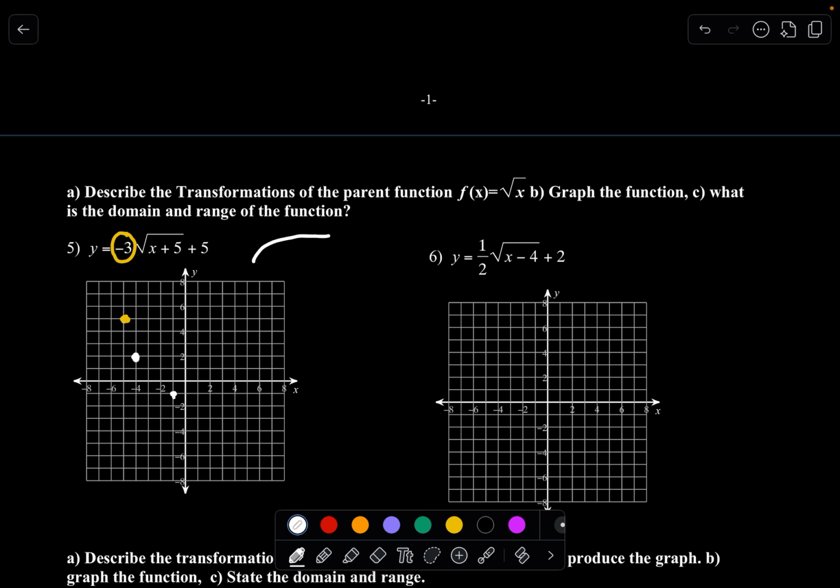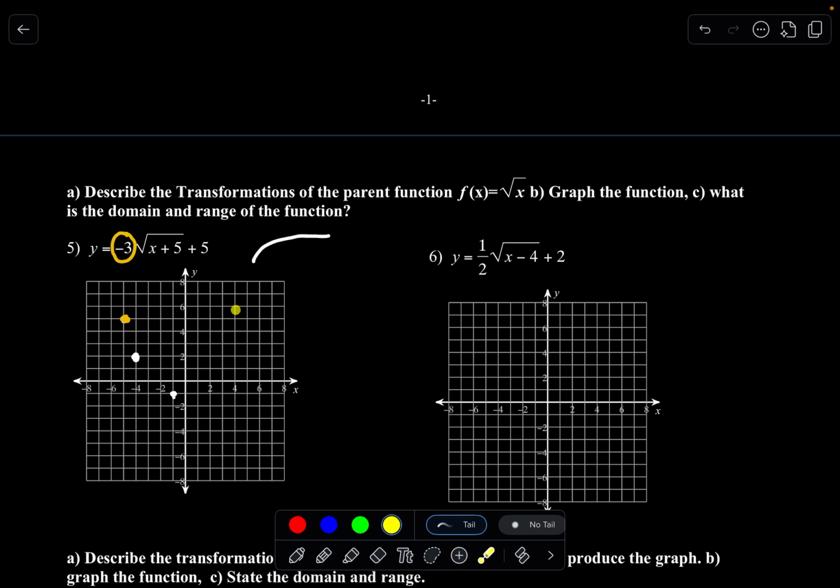1, 2, 3, 4. Square root of 4 is 2 times a negative 3. So this is 2 times a negative 3 is negative 6. And we count from here, right? We go 1, 2, 3, 4, 5, 6. We go over from this point 1, 2, 3, 4, 5, 6, 7, 8, 9. Square root of 9 is 3.